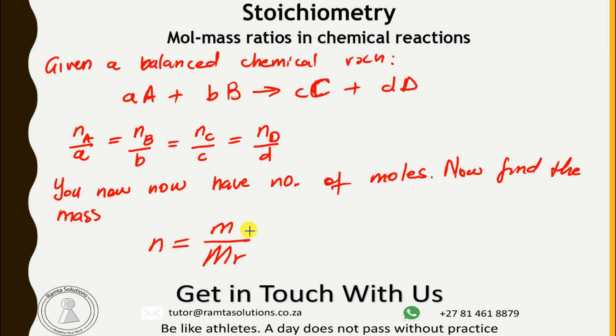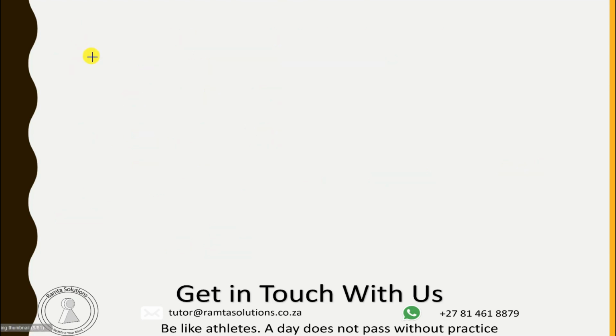So this is what you are going to do. This question goes from being given the number of moles to finding the mass of that substance, or being given the mass of the substance to finding the number of moles, or vice versa.